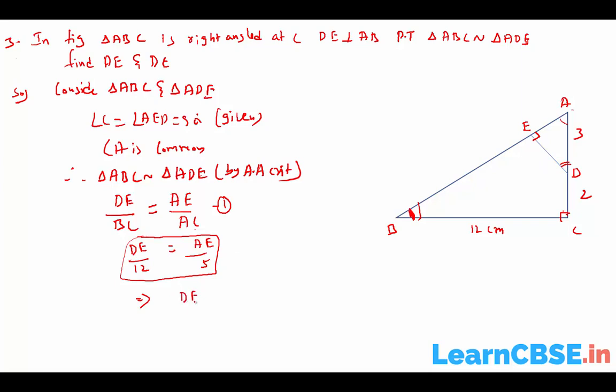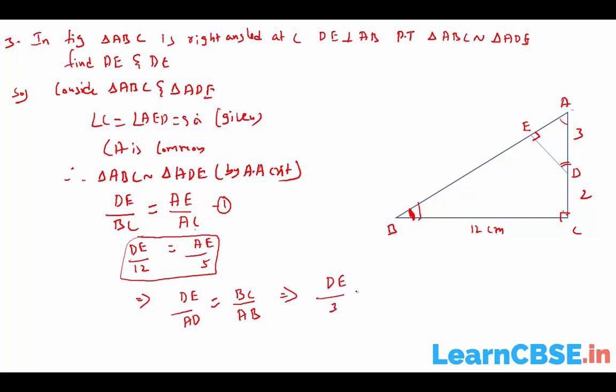DE opposite to A. DE by AD is equal to BC by AB. From this we can get DE.